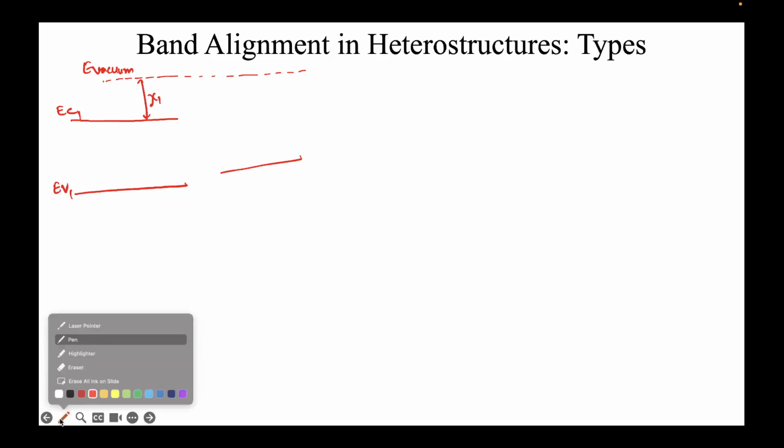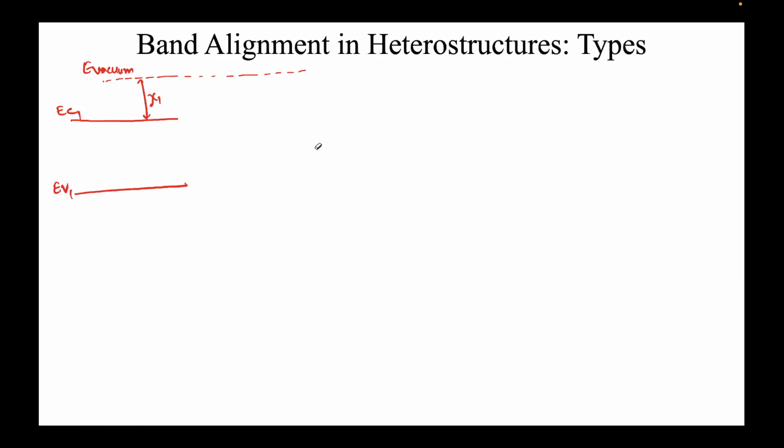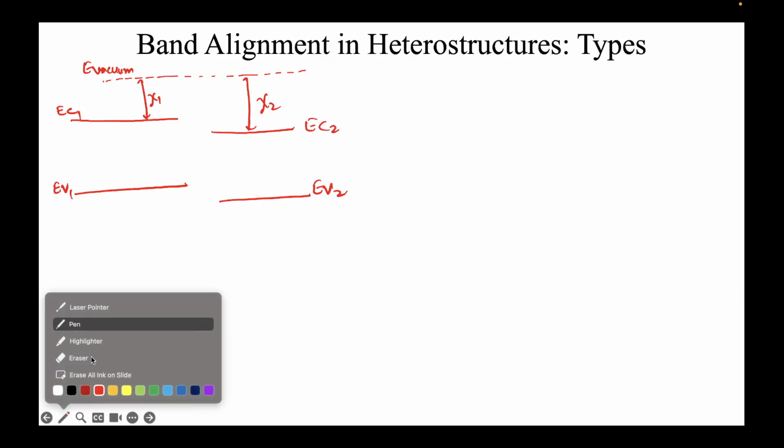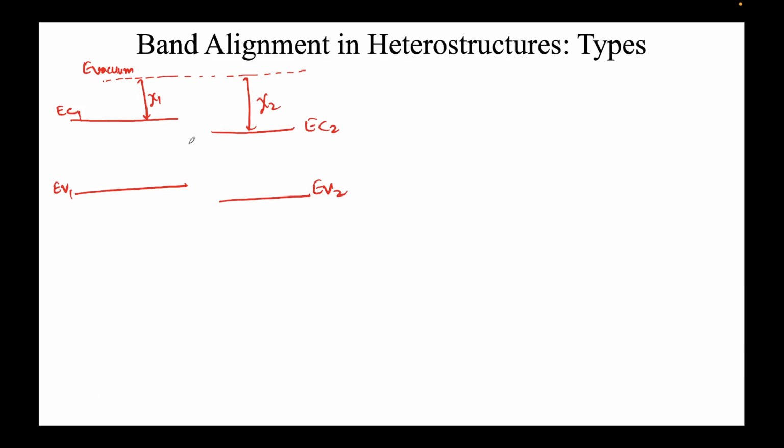And based only on the reference, we can draw the second material's band diagram. So let's say this is chi2, electron affinity for material 2. This is EC2, and I don't know, maybe here lies EV2. Okay, and again, the assumption here, which is a very strong assumption that I'm making, which is almost never the case, is that this is the Fermi level.